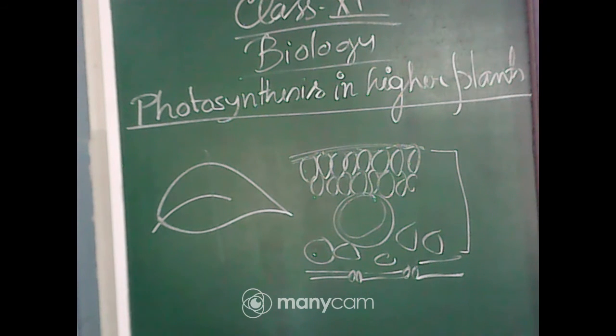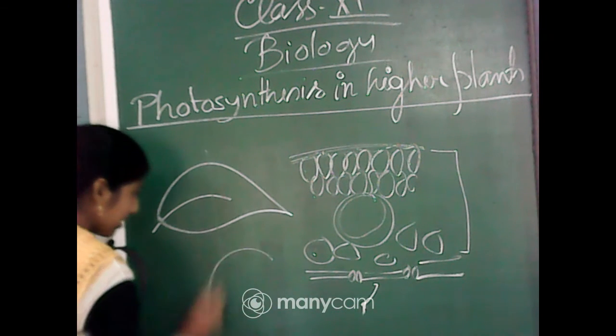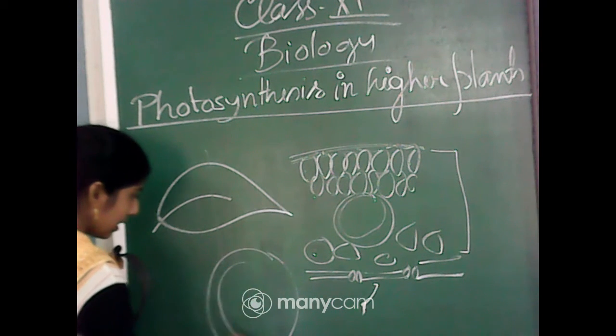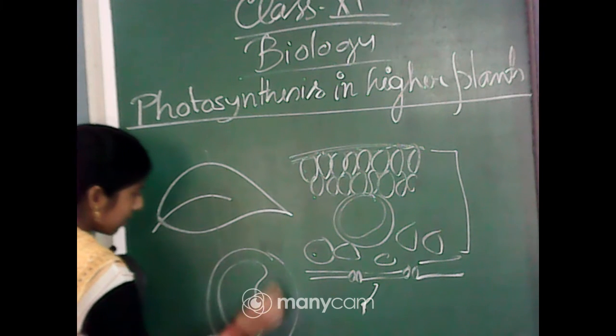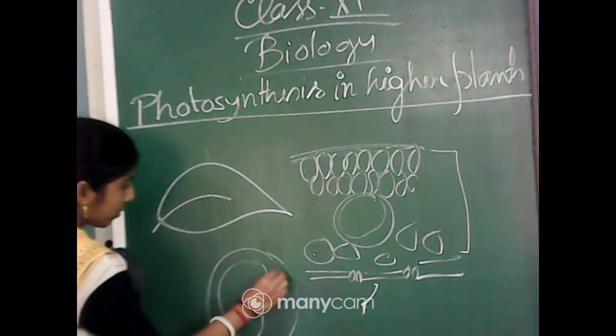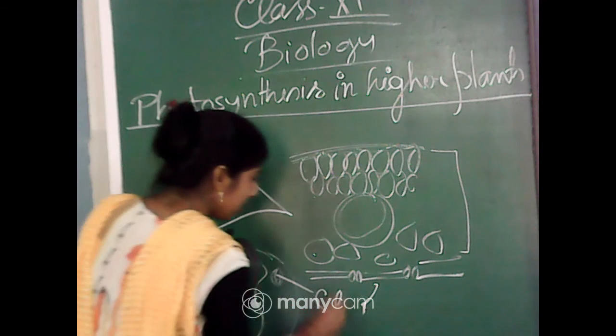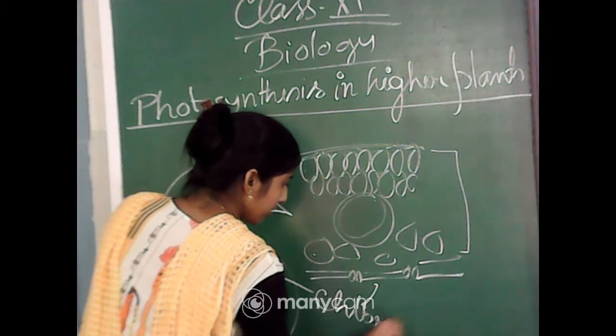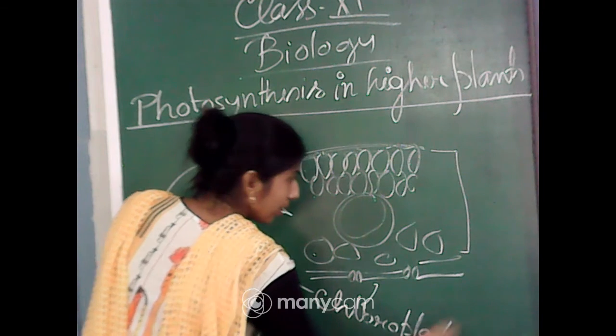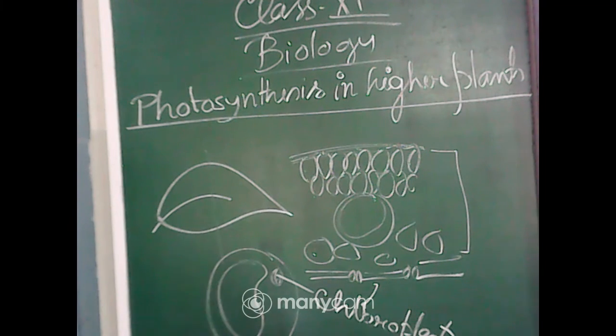Now if I see a structure of a chloroplast, then from this we will get a cell, nucleus, a vacuole, and in that position chloroplast will be found. So this structure is chloroplast. Okay, so in that mesophyll cell we will find the chloroplast structure.